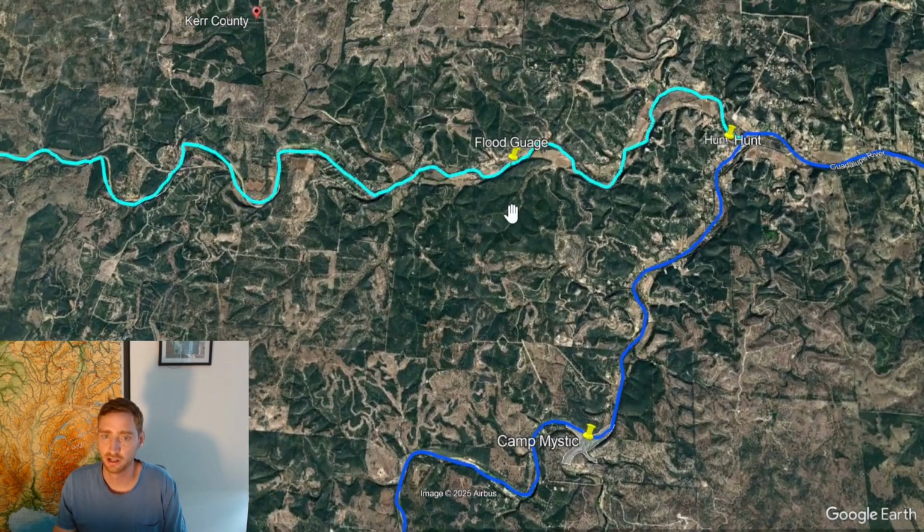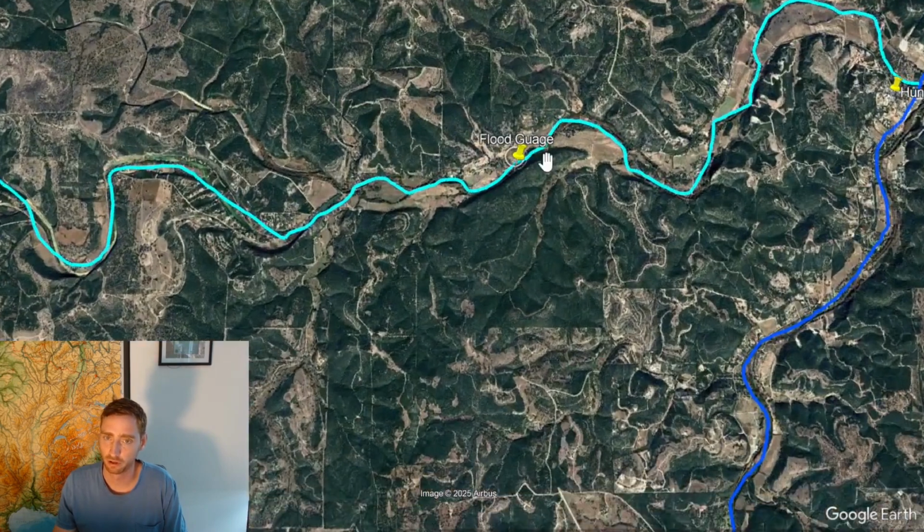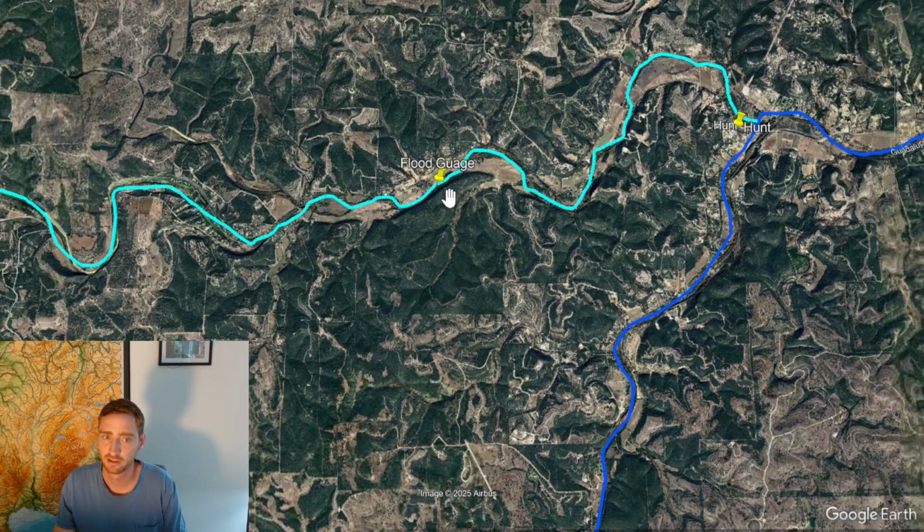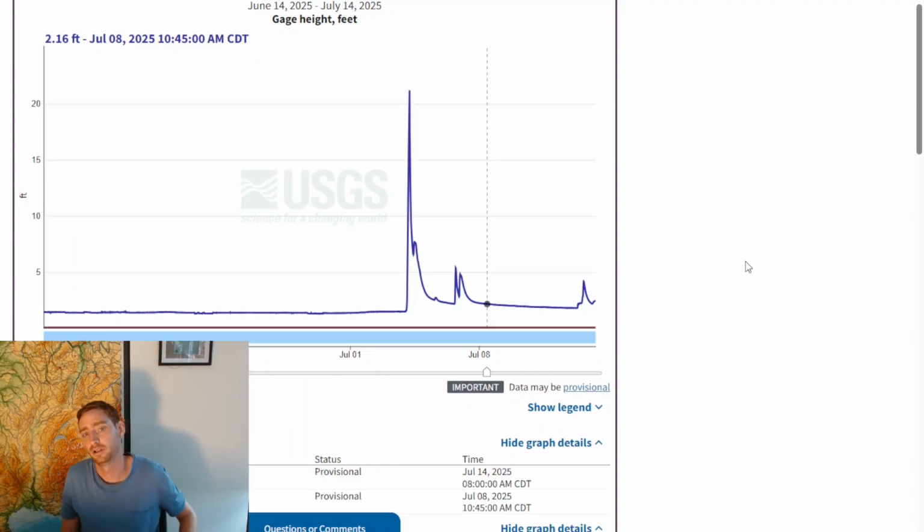So this is located here on the North Fork of the Guadalupe River, just west of Hunt. And these are real data measured by the USGS, the United States Geological Survey, of the height of the water, or basically the amount of water that's in this river.